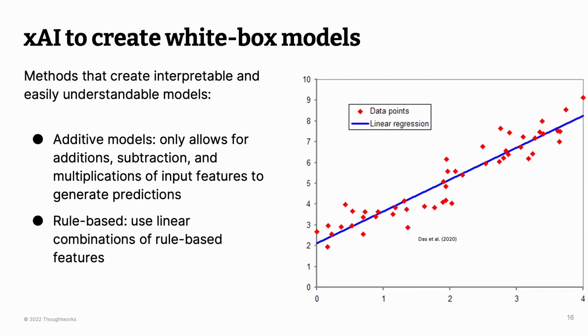Another approach, very interesting, is to create white box models. These methods are based on linear regression. I don't know if the term is familiar for you. Well, linear regression is about the relation in a linear way between an input and an output.